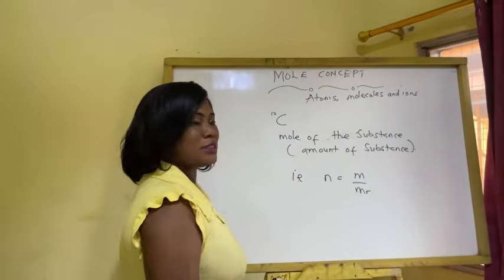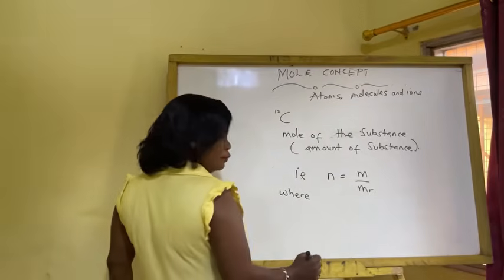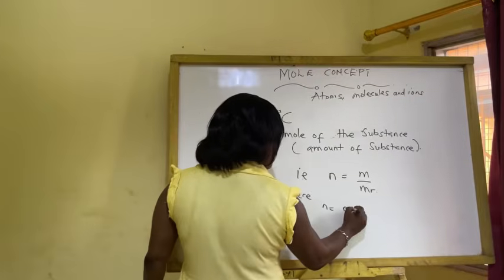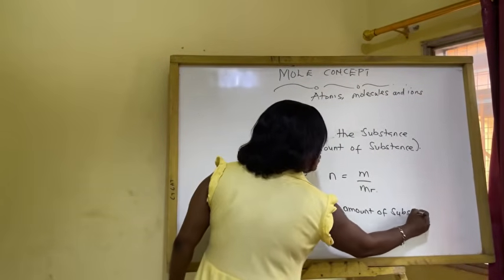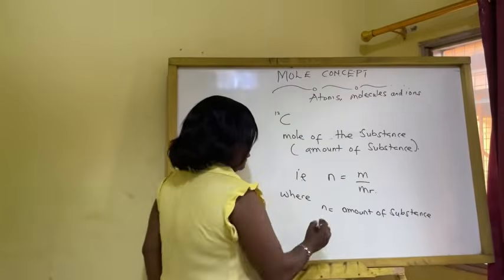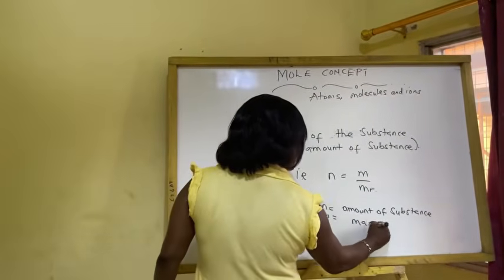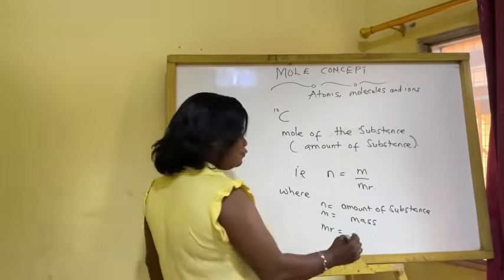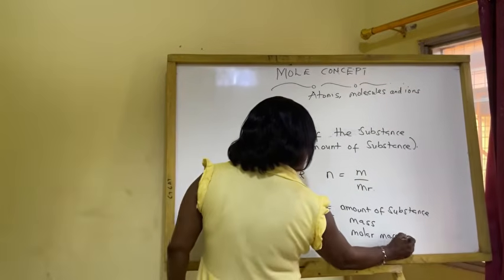Here we are using these symbols. We will define them so that it will be very clear. N here is the amount of substance, or as we call it, the mole. Then M denotes the mass of the substance. Then MR stands for the molar mass of the substance.